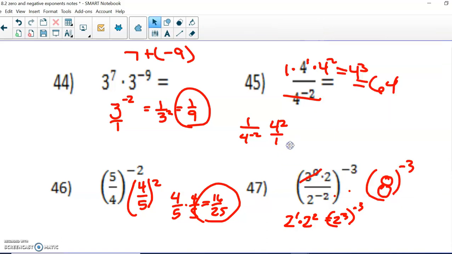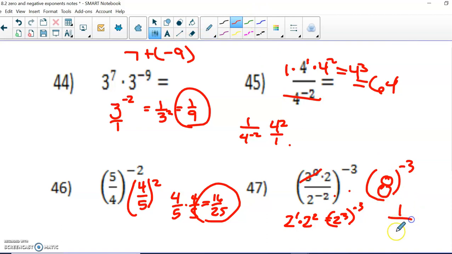Okay, so now one more time, we have to get rid of that negative 3. So we're going to make it 1 over 8 to the positive 3. That's how I got rid of the negative. And I'm going to use my calculator. 8 to the 3rd power tells us we have 512, so my final answer is 1 over 512.